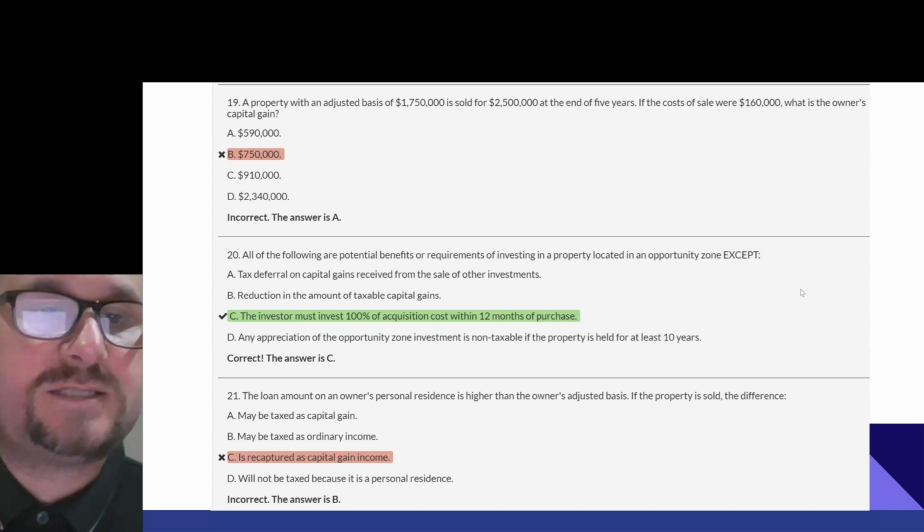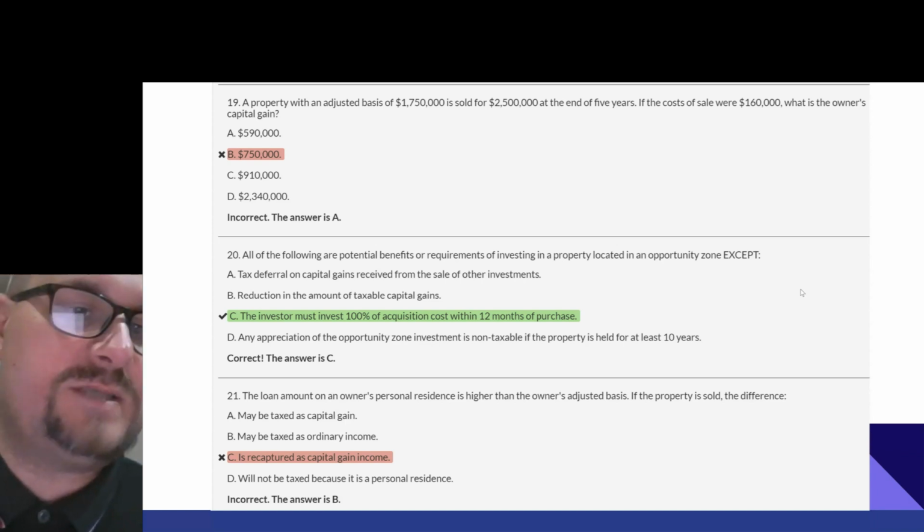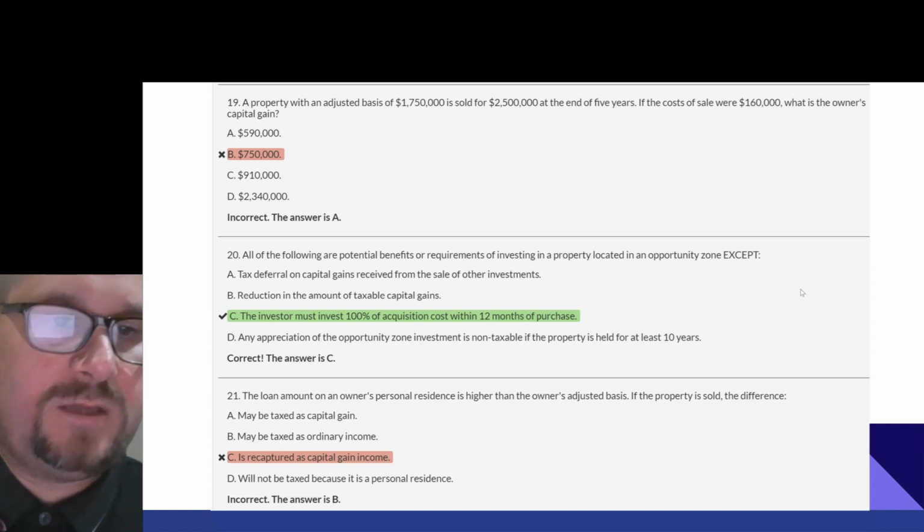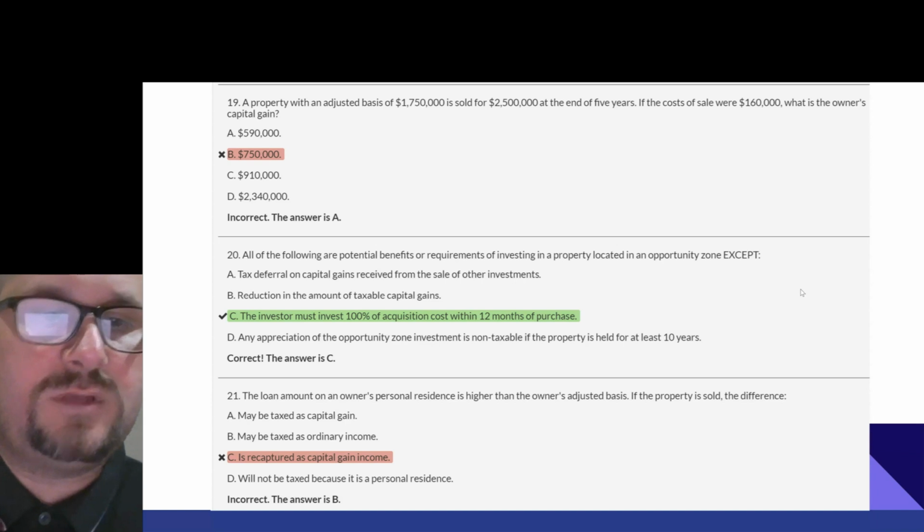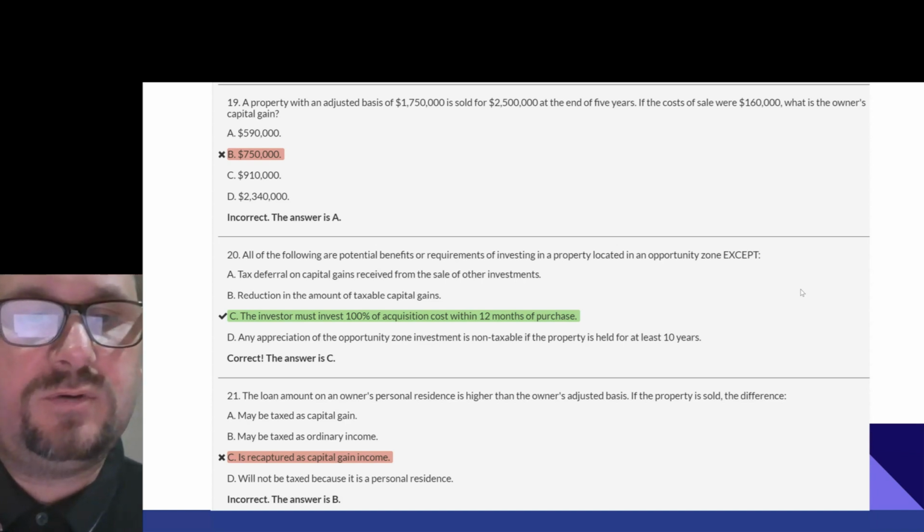Alpha says may be taxed as capital gain. No. Is recaptured as capital gain income? No. Will not be taxed because it is a personal residence? No. It may be taxed as ordinary income.